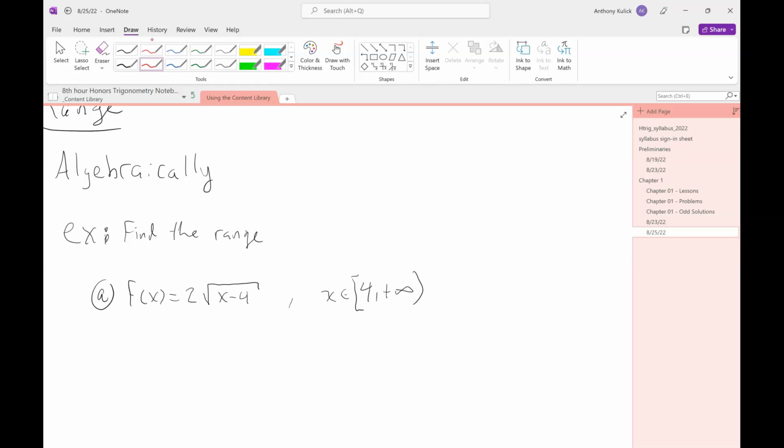So what I want to do is look at the original function and find out where it's increasing and where it's decreasing. Everybody's okay with that? What's going to be the easiest way to tell? Look at the graph, right?